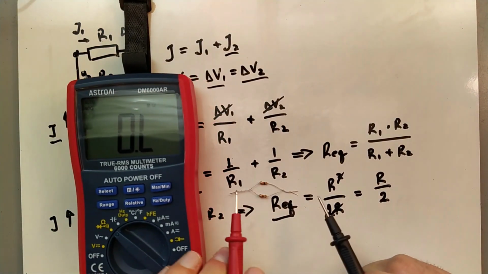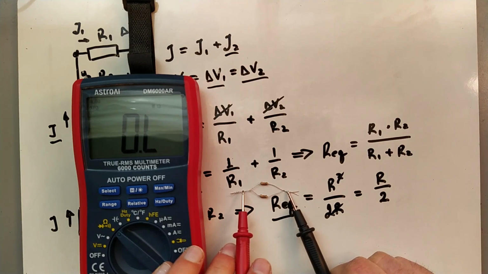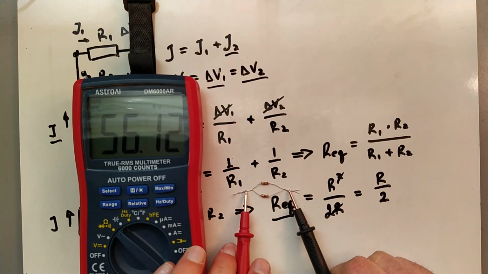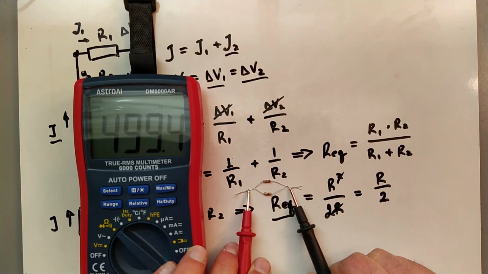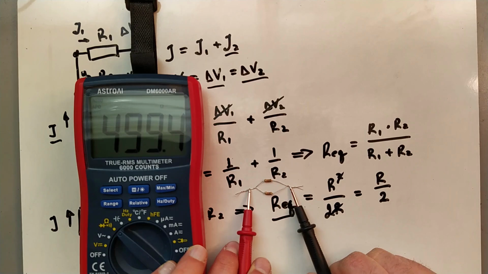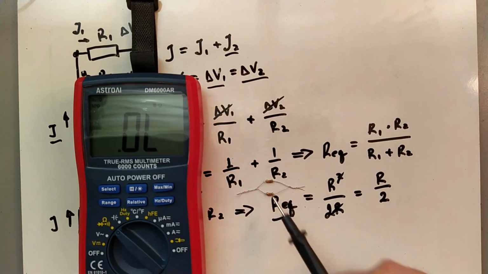So now we place terminals of the electrodes of this multimeter, and what do we see? We see 500 ohms. Now units are ohms, so we have 499.4. You remember they were not exactly 1 kilo ohm, they were a little bit less. That's why we have 499.4 ohm, which is twice smaller than resistance of each of these resistors.